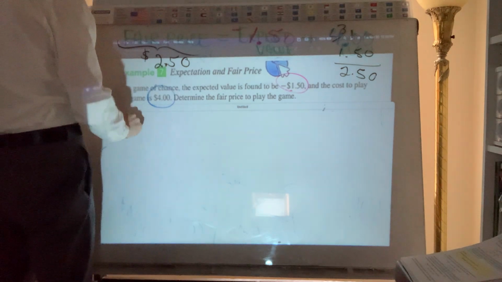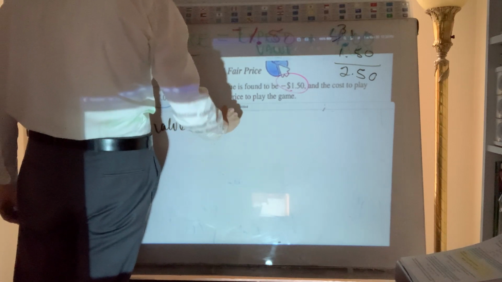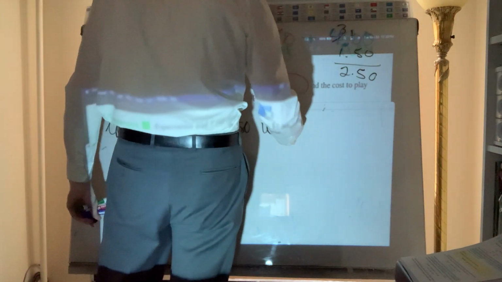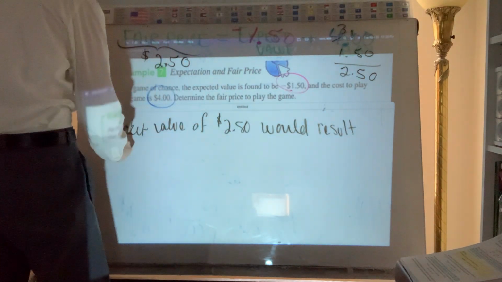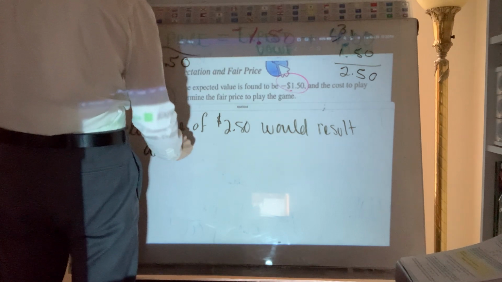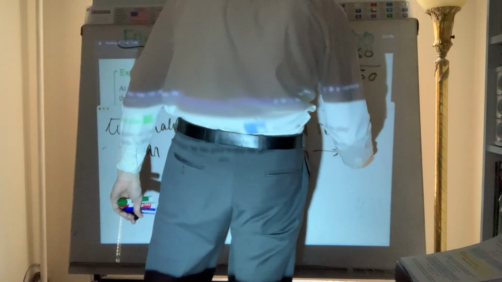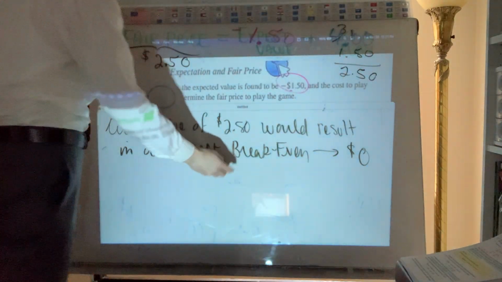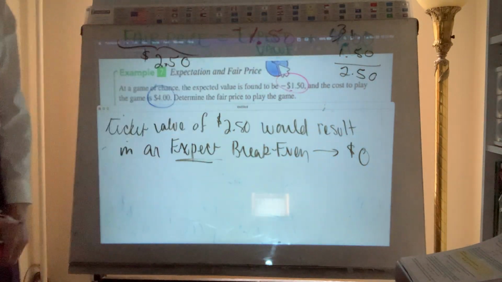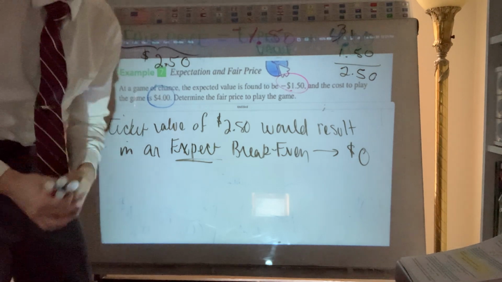A ticket value of $2.50 would result in a break even, meaning that it would be $0 for the expected value instead of what it was, a negative $1.50.